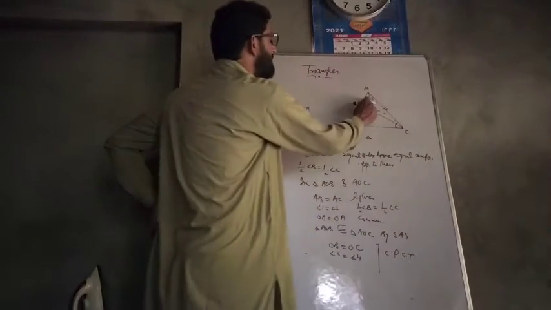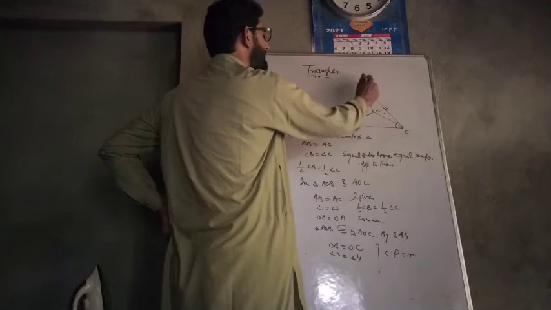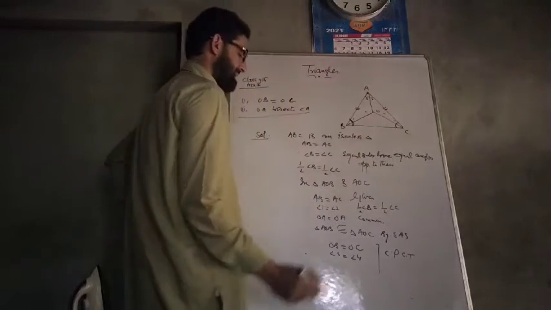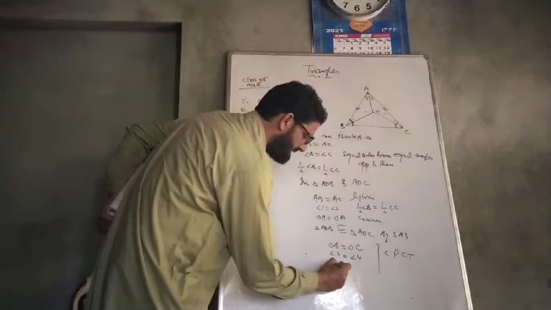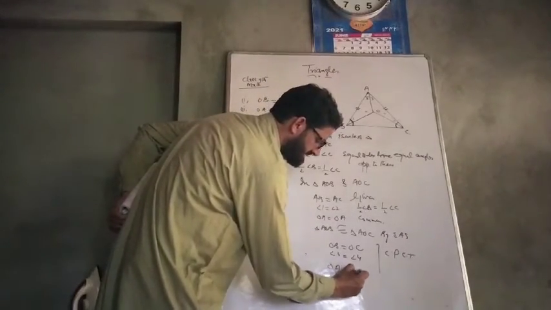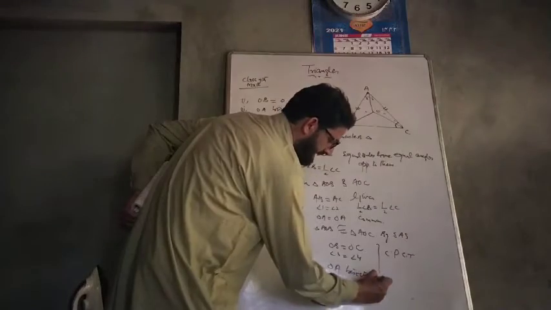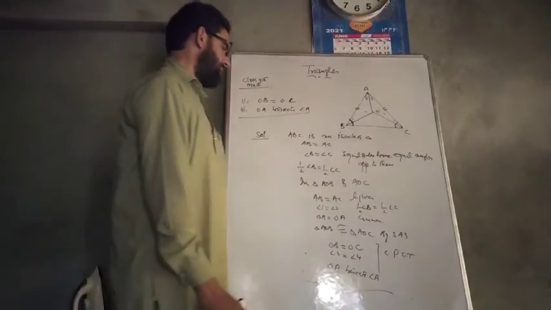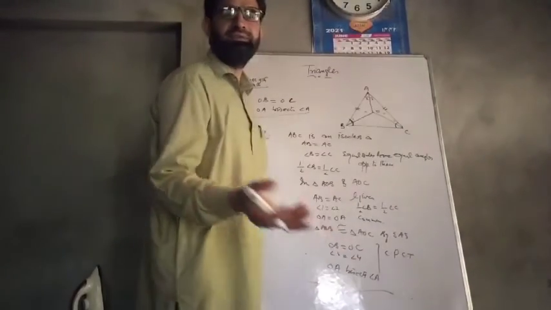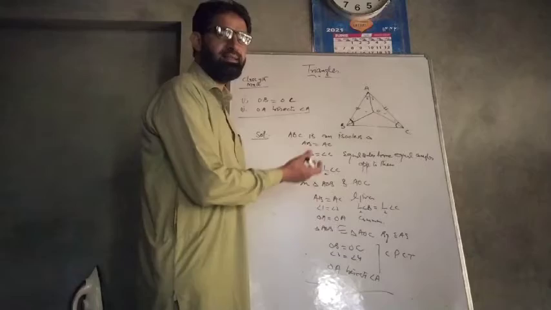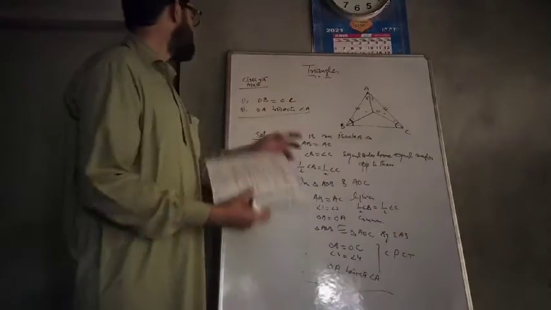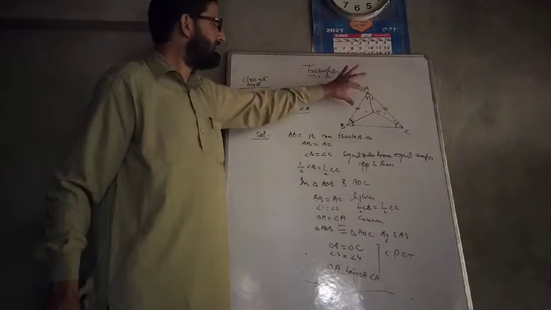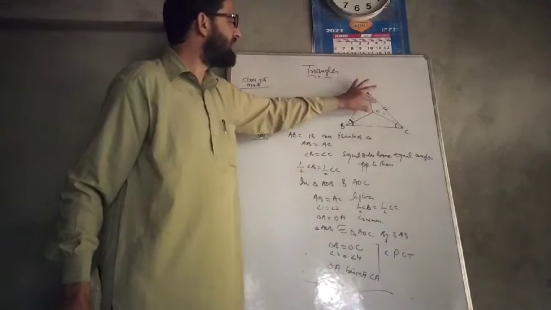When angle 3 is equal to angle 4, what does that mean? OA bisects angle A. Or in other words, we can write OA bisects angle A. This was our requirement. So we have been telling you that once you are able to make two triangles congruent, then the things will follow. And your concern was OB is equal to OC and OA bisects angle A. This was to be done, but you have to make these two triangles congruent.